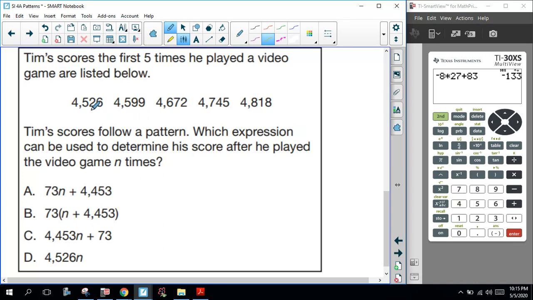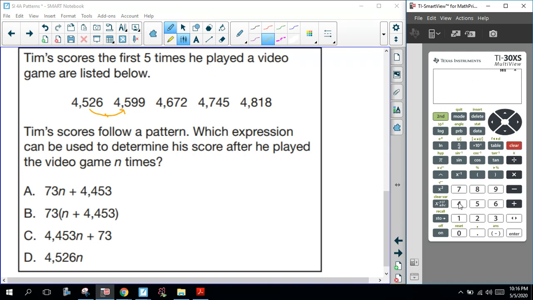Well, the question is, is it a linear pattern? Well, we're working with linear patterns today, so most likely yes. But what we would do to figure that out is we would just go ahead and subtract. I'd take my second term of 45.99, subtract the 45.26, and we get, some extra buttons we press there.